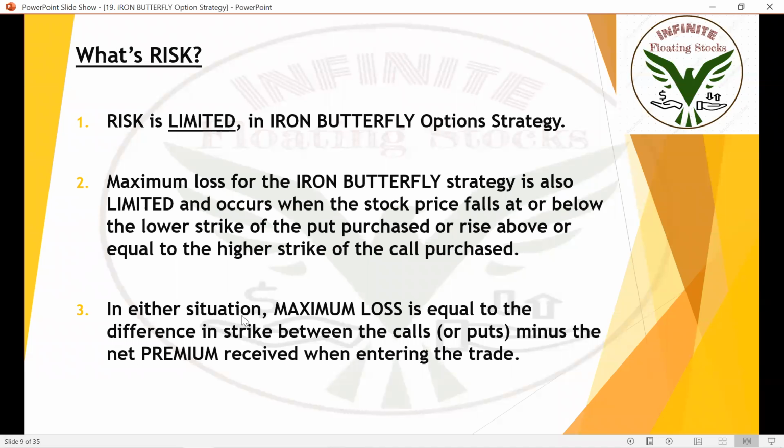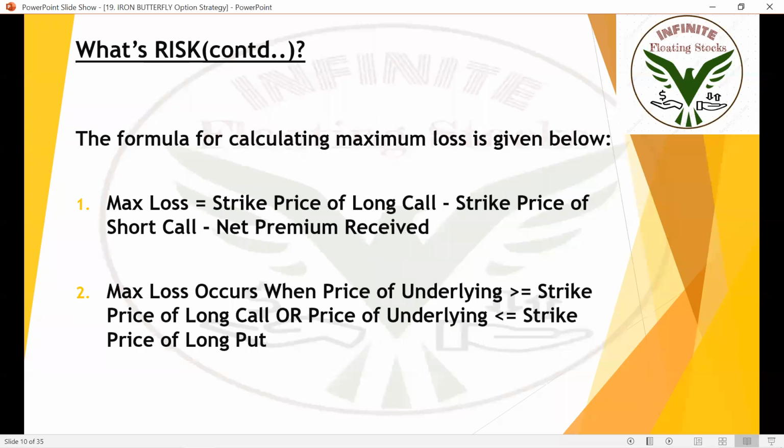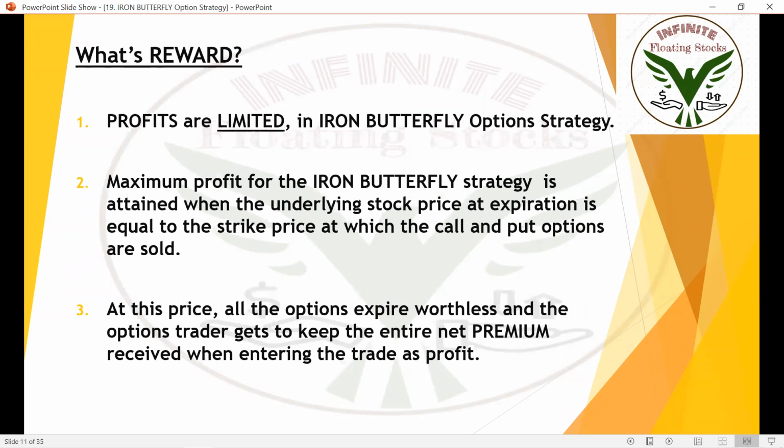Okay, so in either situation, maximum loss is equal to the difference between... Okay, ignore this formula. Just go with the payoff chart. The formula for calculating maximum loss is not necessary. Just understand it by having a look at the payoff chart. And reward is also limited in the strategy.